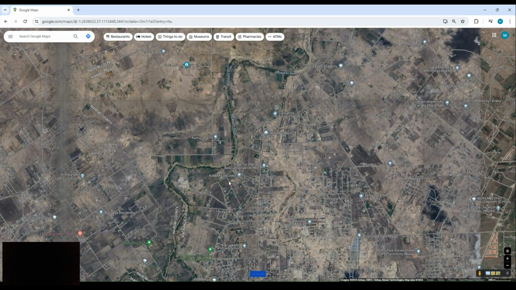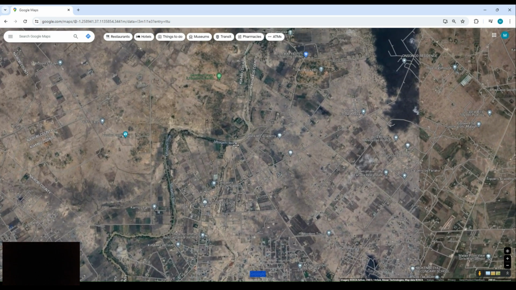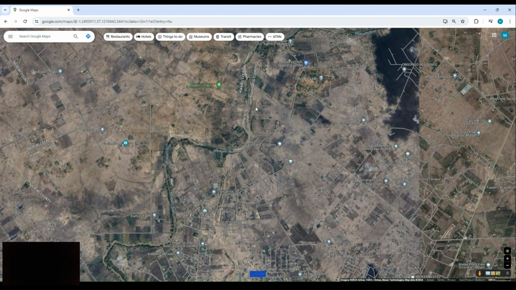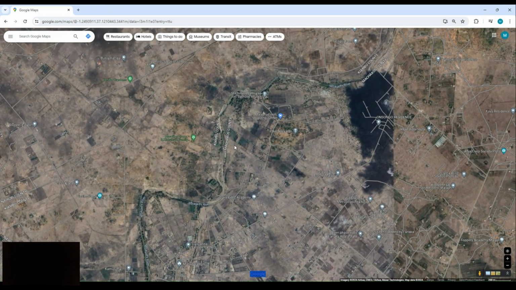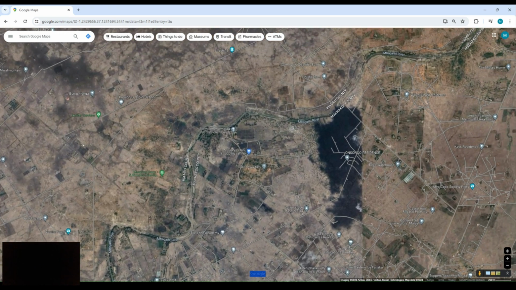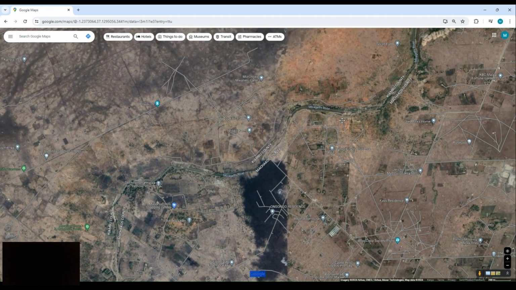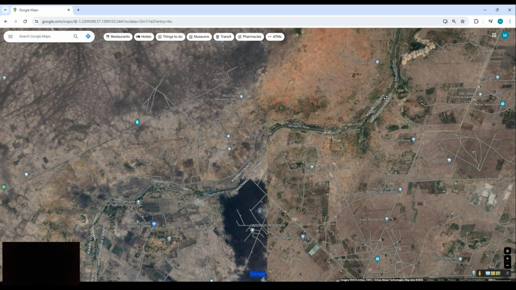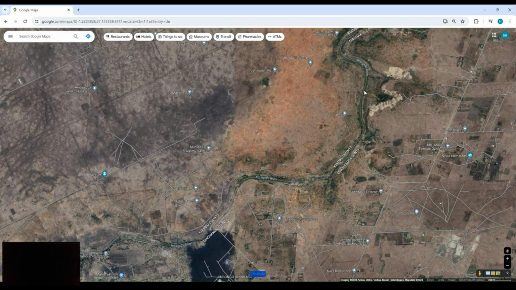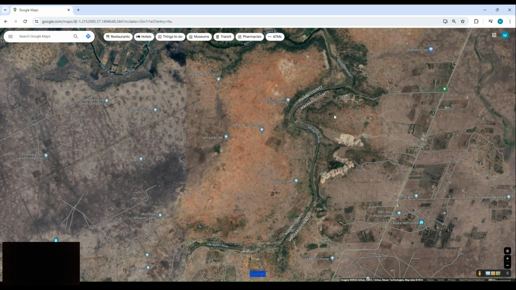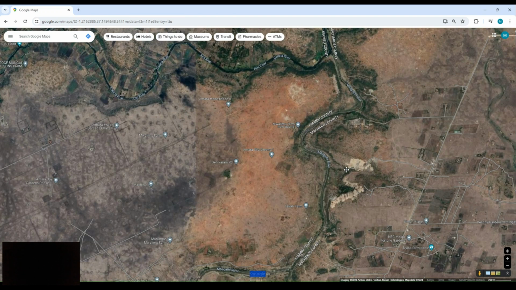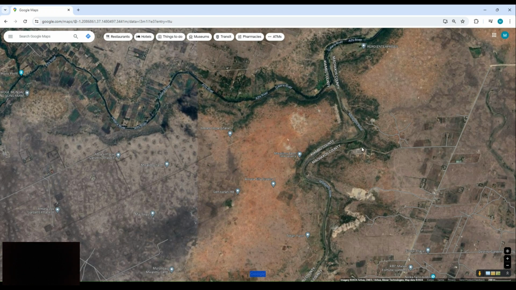So you can actually see that at this level it becomes Mbagathi River, right? And it just takes tons and tons of water and goes along the Nairobi, Machakos, Kiambu County. And if you continuously follow it, you will probably be able to appreciate how it turns and turns.